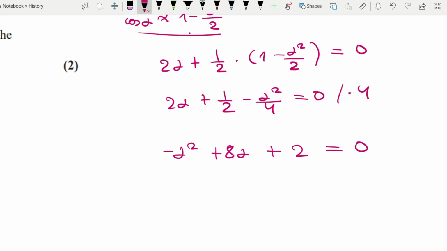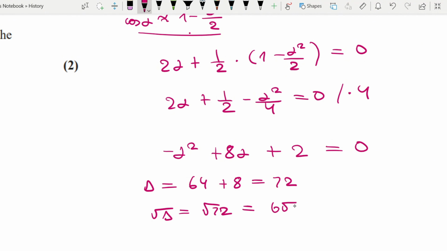Now I'm going to do the quadratic formula, and I'm going to do the discriminant, and I'm going to call that delta. So that's going to be 64 plus 8, which is 72. Now the discriminant is under a square root, so square root delta is going to be square root of 72, which is going to be 6 root 2.